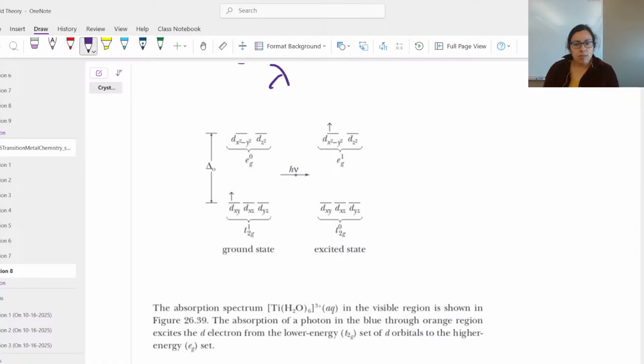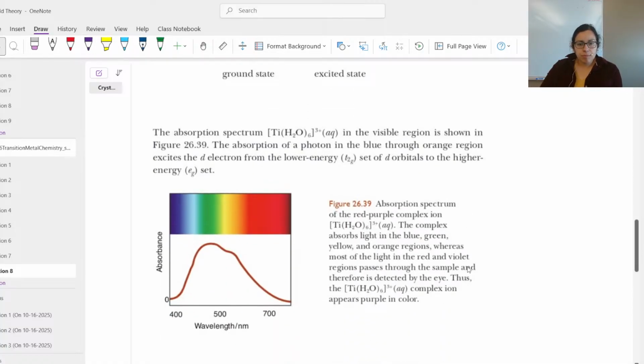And so now it's just showing how this works. So we have our ground state, and then again, excited state. So anything relaxing back down gives us our colors. And then, other things to keep in mind.